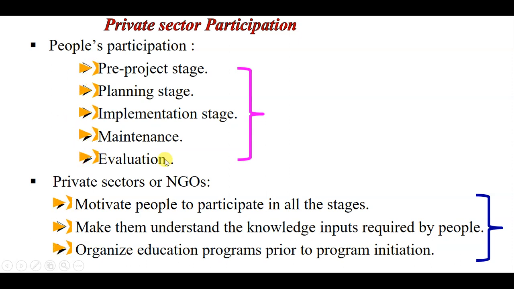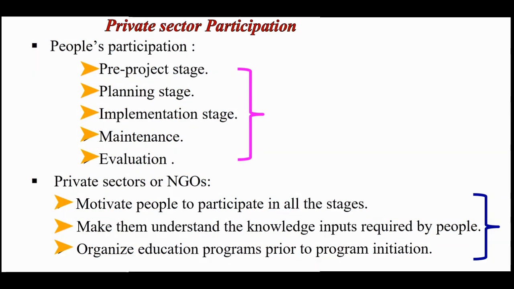Private sector or simply NGOs, how can they participate? Motivate people to participate in all stages, make them understand the knowledge and process required by people, and organize education programs prior to program initiation. This is NGOs.